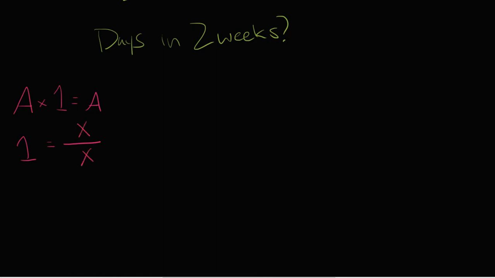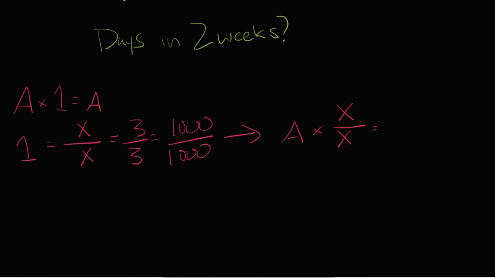X over x is equal to 1, no matter what x is. So let's say x is 3, right? 3 over 3 is 1. Let's say it's 1,000. 1,000 over 1,000 is still 1, which means a times, let's say, x over x is still a. Agree?